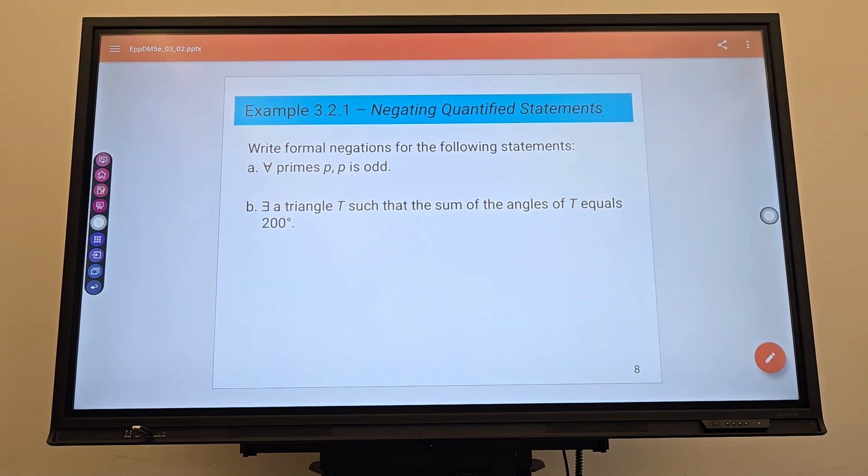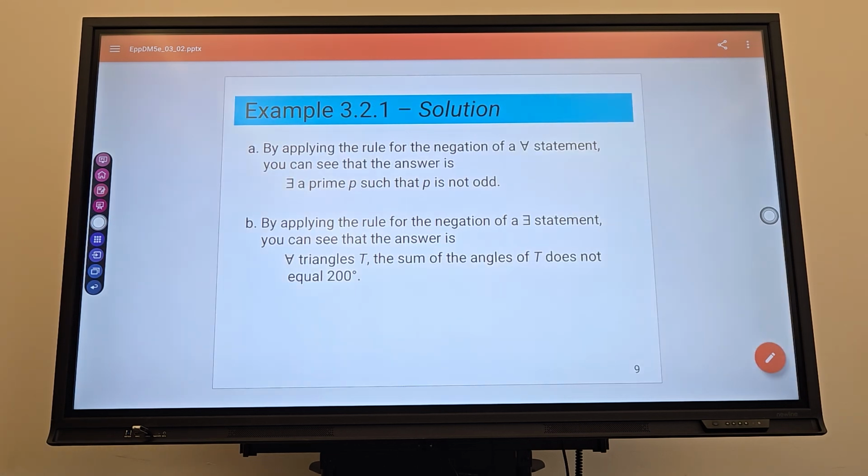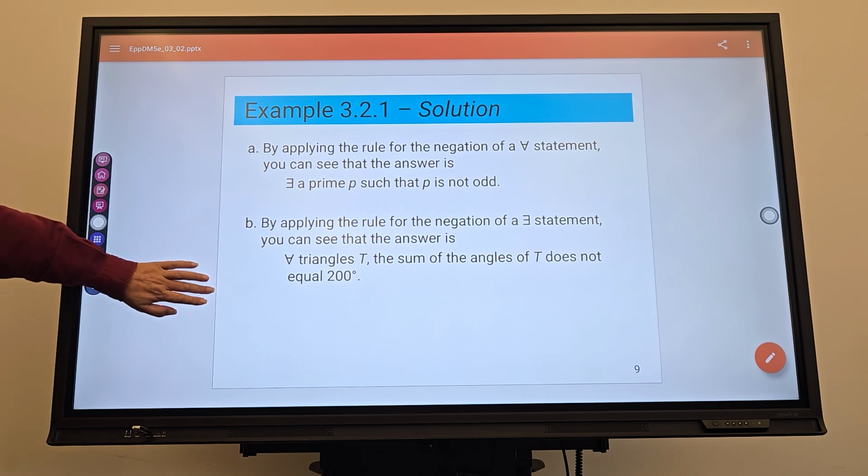The negation: for all triangles T, the sum of the angles of T does not equal 200.